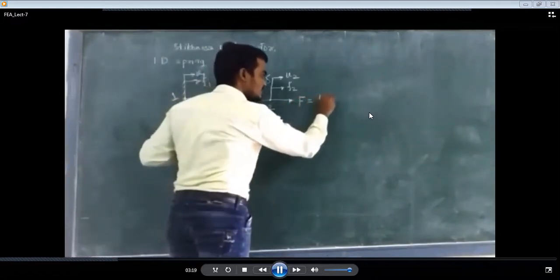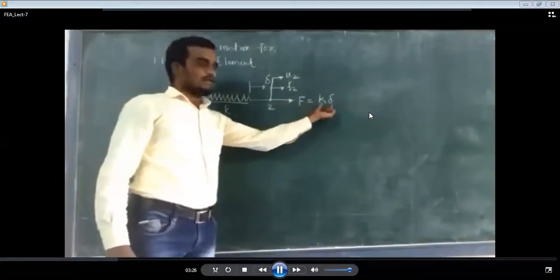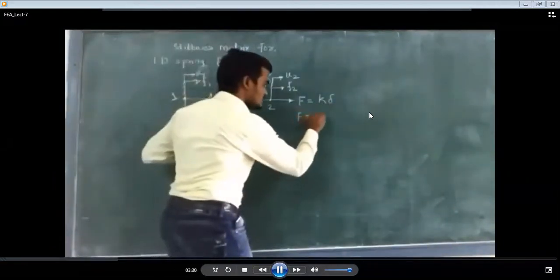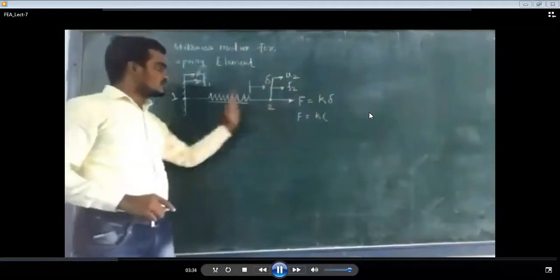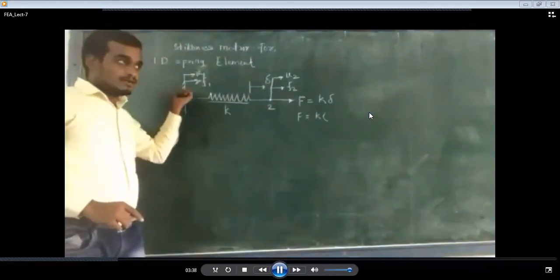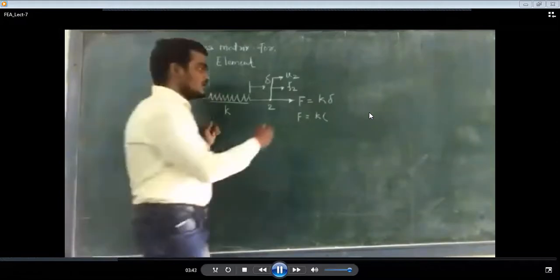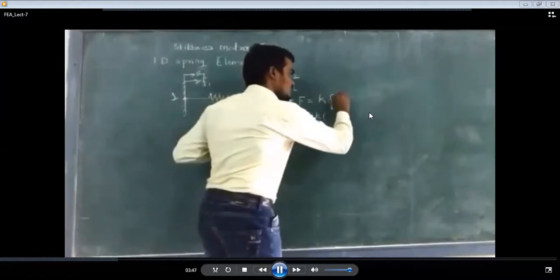Now, if the force F is acting at node 2, this force is nothing but the spring force, which is F equal to K times delta, where delta is the deflection. In the previous case, the deflection was U2 minus U1. Similarly, in this case also, your deflection will be U2 minus U1.